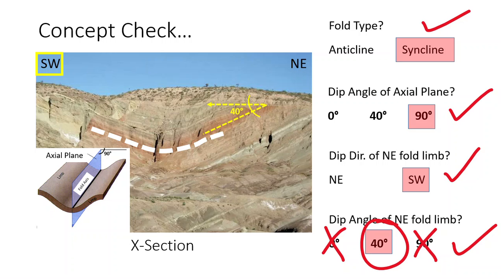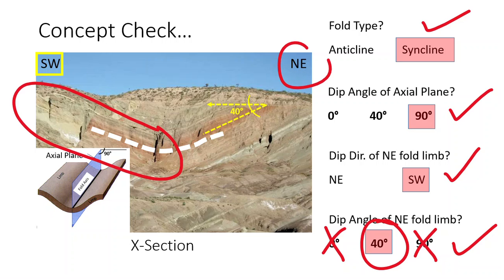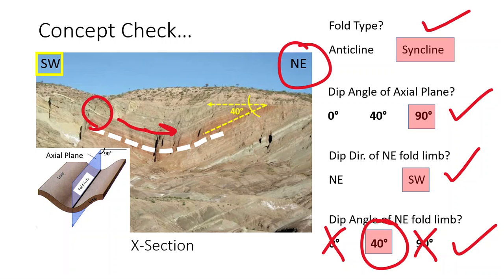I didn't ask you this on the diagram, but what if I were to ask you, what is the dip direction of the southwestern limb of the fold, what I've just circled? Well, the dip direction of the southwestern limb of the fold is going to be northeast. And again, an easy way to visualize that is, in your mind, let the ball roll down towards the hinge region of the fold, and where the ball flattens out, we just ask ourselves which direction is the ball rolling at that point.